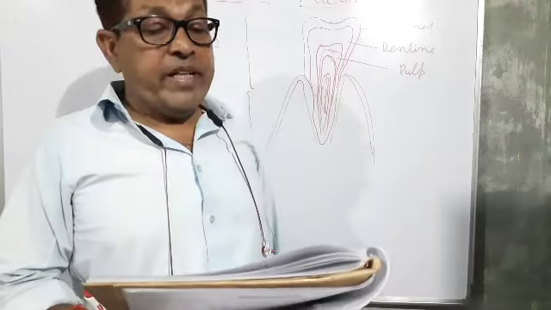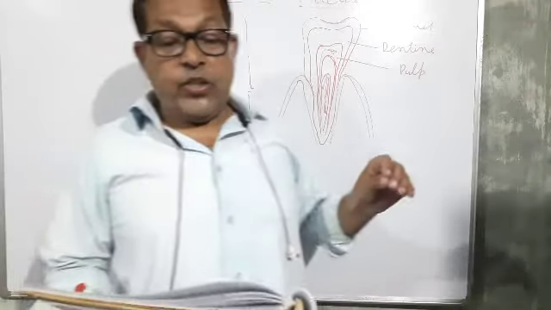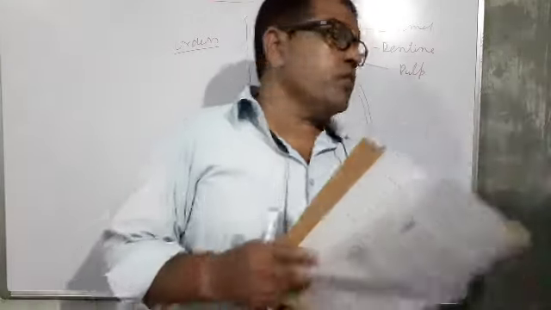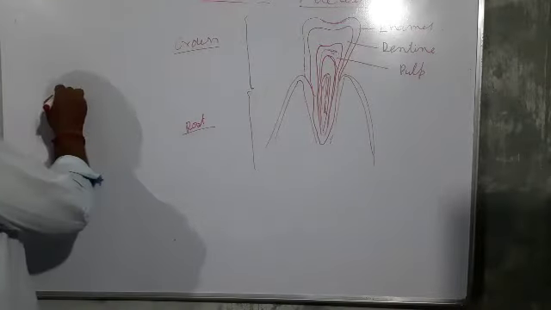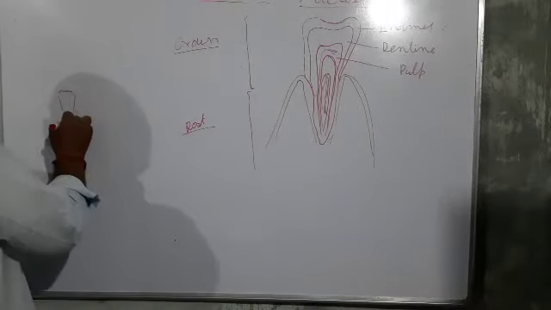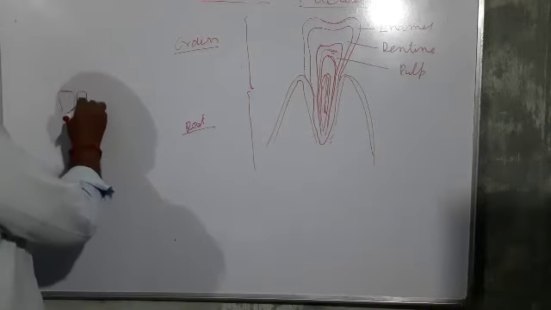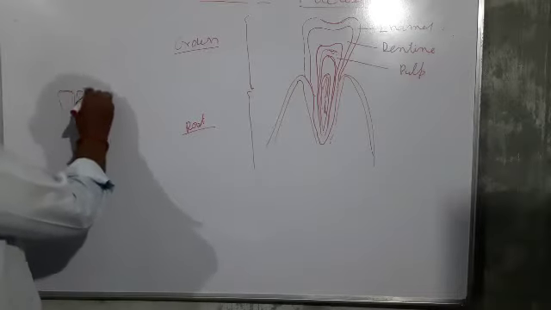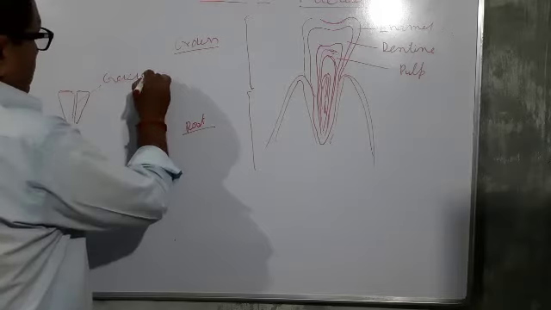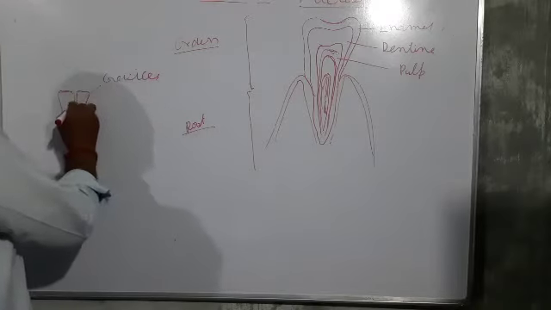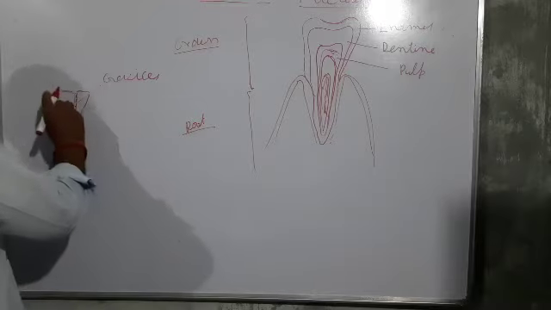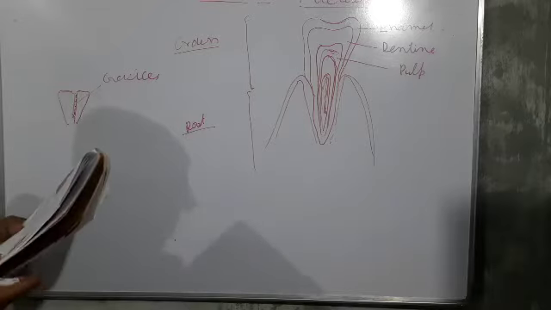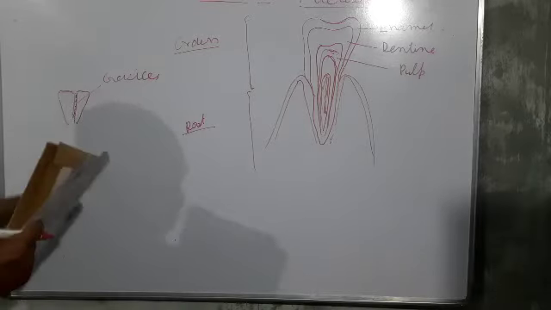There is a space between every two teeth, and it is called the crevice. This space found in between the teeth is called the crevice.